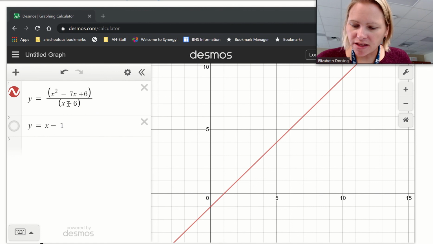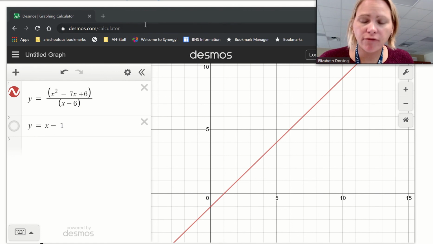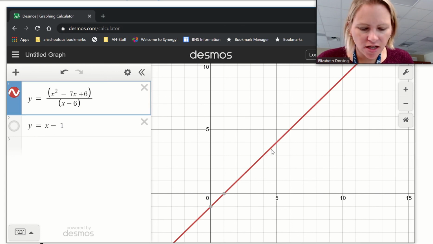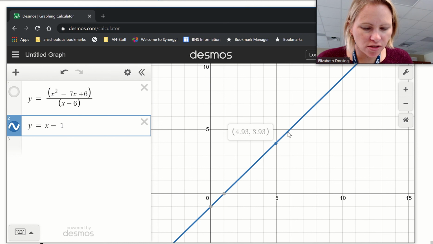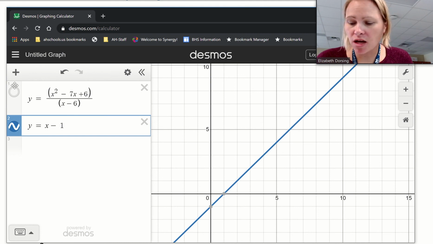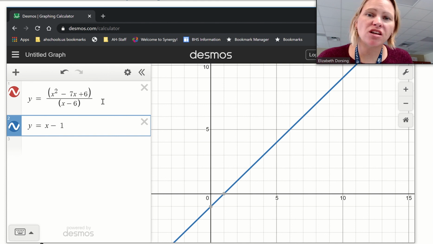And so here we are looking at that function that we filled the hole for. If you go into Desmos and get to 6, you'll see that on the red function, it's completely undefined. But if I turn on the blue and turn the red off, it's the same exact line. The only difference is that when we get to 6, the point is defined. So to fill up that empty hole in this red function, I'm just going to define it as this function for everything except for 6.